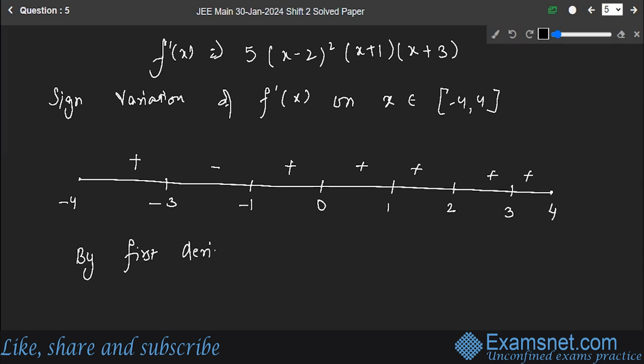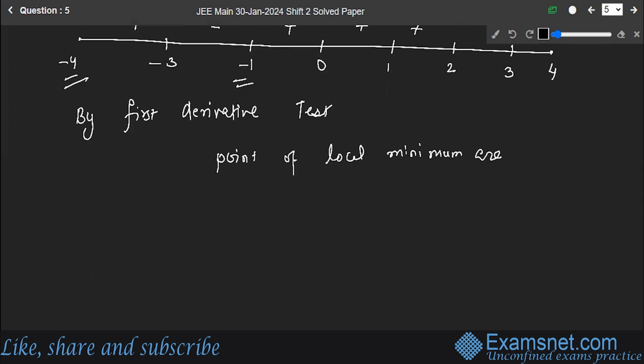first derivative test, points of local minima are x is equal to minus 4 and minus 1.